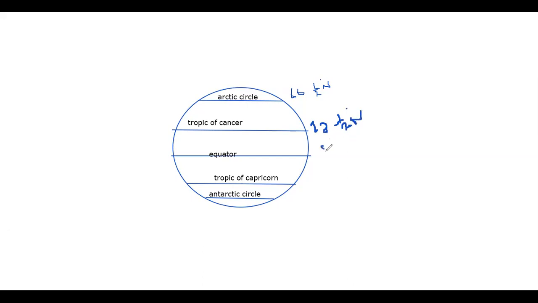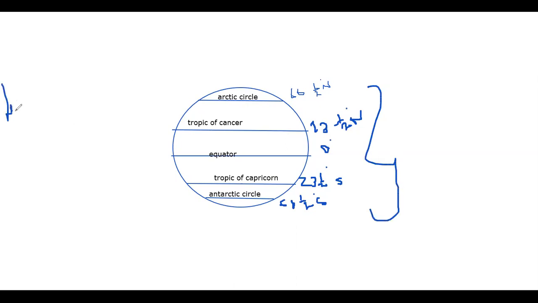Then I have my equator at 0 degrees. Then my Tropic of Capricorn at 23.5 degrees south. And finally 66.5 degrees south, that is my Antarctic Circle.